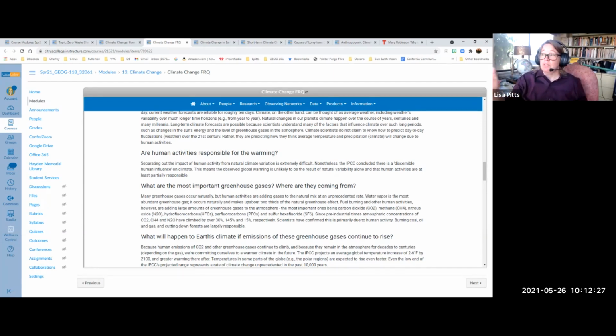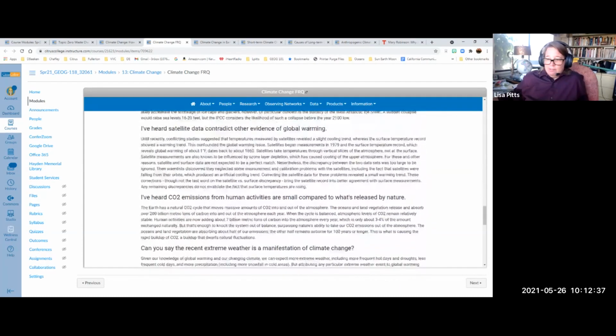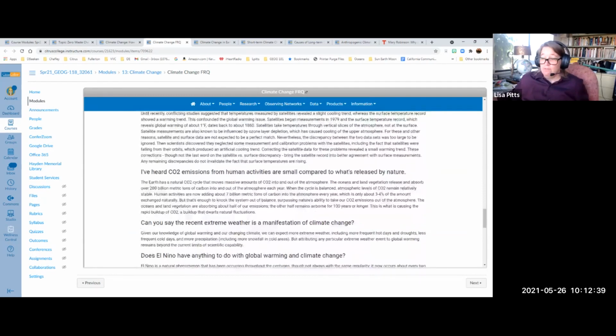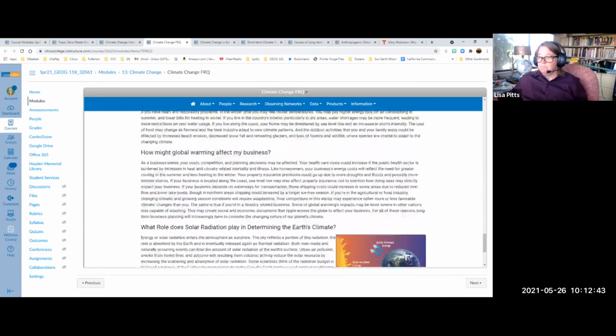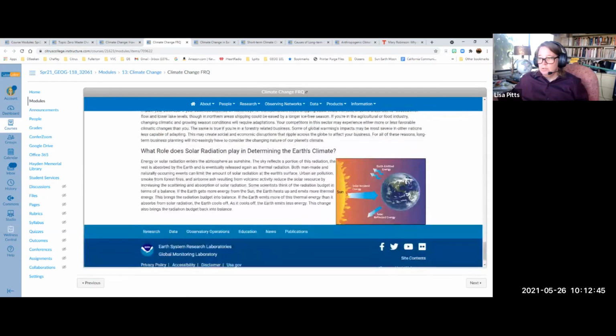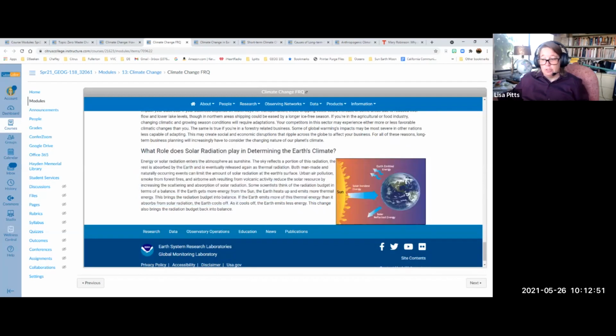Because one of the things is about solutions and stuff like that. Give it the old college try in reading through it. Again, you can take notes if something catches your eye. This is a good one: why does solar radiation play a role in determining Earth's climate change? That one's a good one.